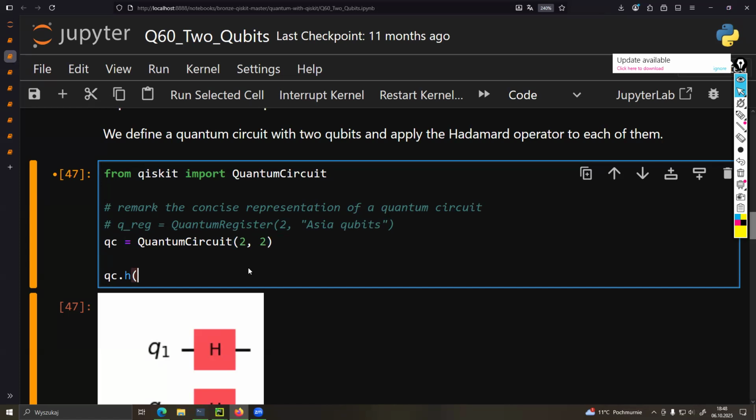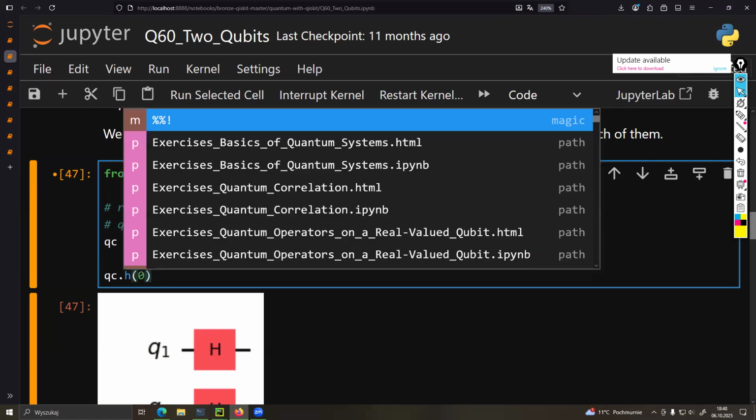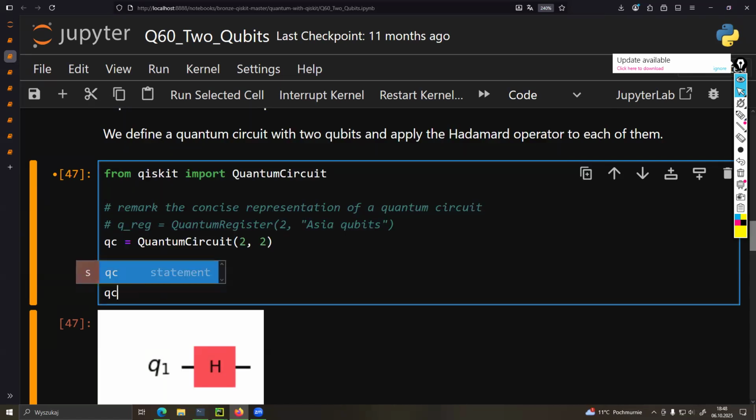So here, if I have an anonymous register, what I can do is I can just say quantum circuit.h 0 or qc.h 1. And this is exactly what you think. So this is an index from this anonymous register.